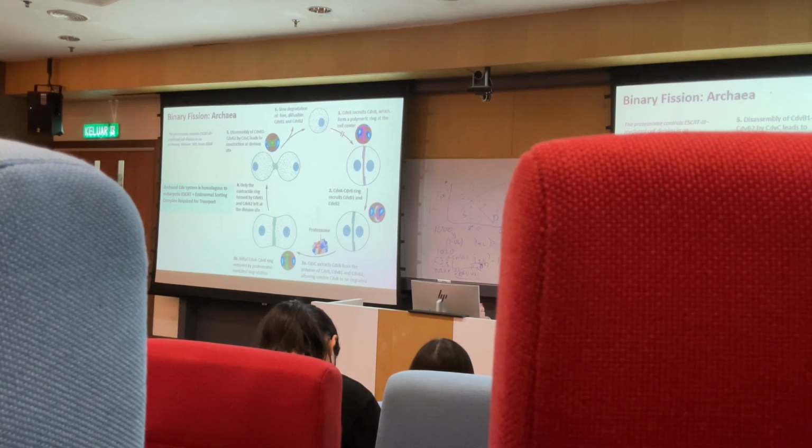We start from here. It starts with CDVA recruiting CDVB, they work together, and then they form a polymeric ring at the cell center. It's very much the same as FtsZ in bacteria, forming a ring at the center.